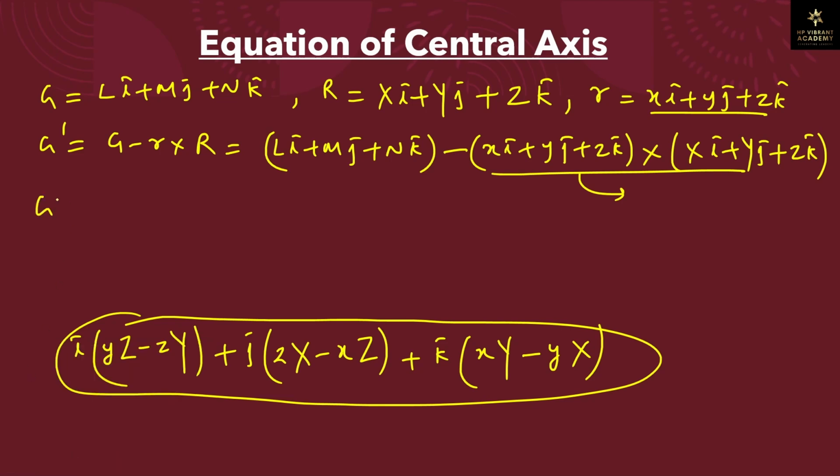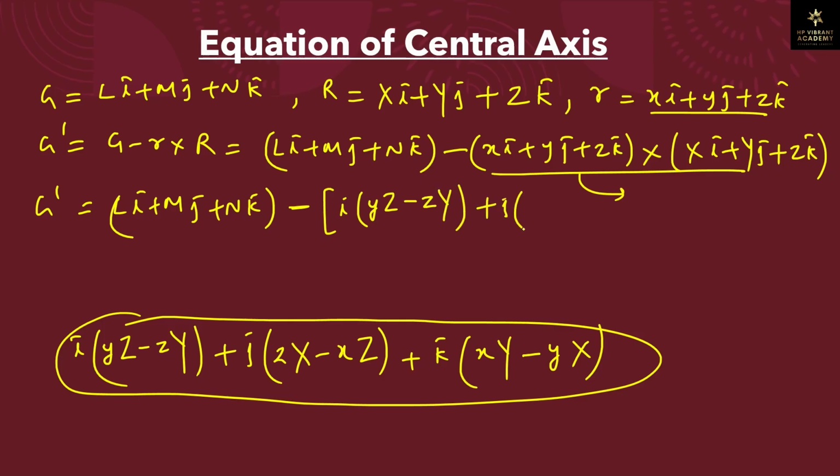So we have G dash equal to L i cap plus M j cap plus N k cap minus i cap (y capital Z minus z capital Y) plus j cap (z capital X minus x capital Z) plus k cap (x capital Y minus y capital X). Let us club this.